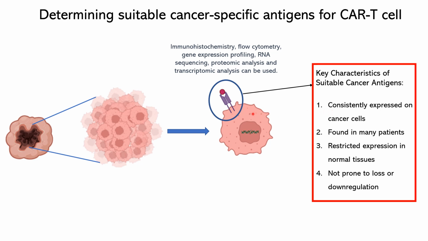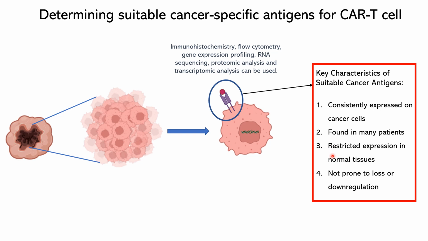Which means that most of these cancer cells are always expressing that antigen. Also, it's very preferable to select an antigen that is found in different patients. So the same antigen found in different patients.